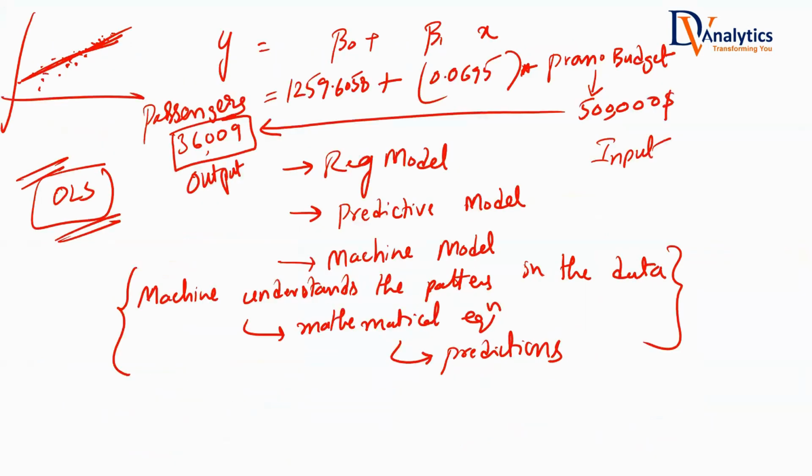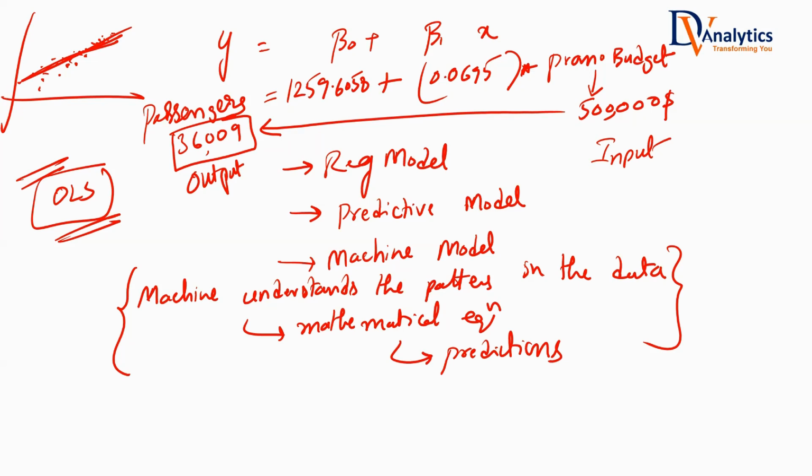Then using beta naught, beta 1, we can create a mathematical equation, which we will use for predicting our target variable. Any quick questions before I move on to the next subtopic? Is it clear until here, all of you?